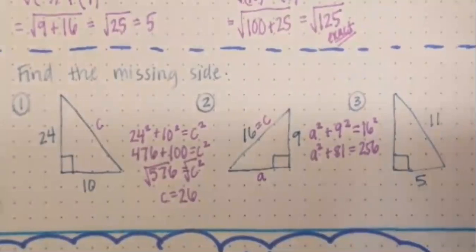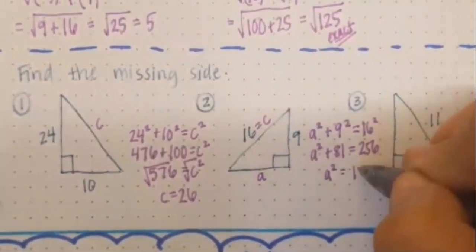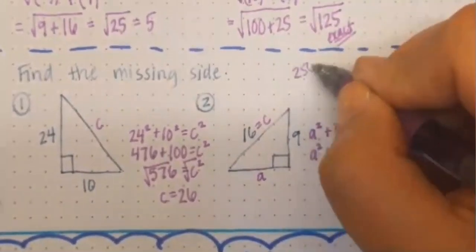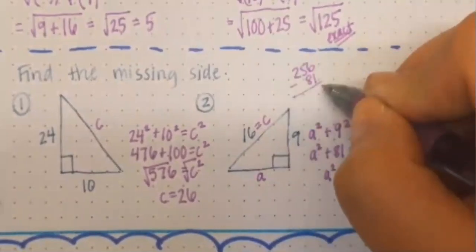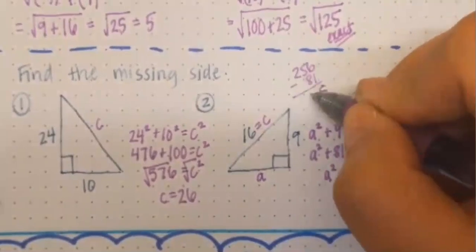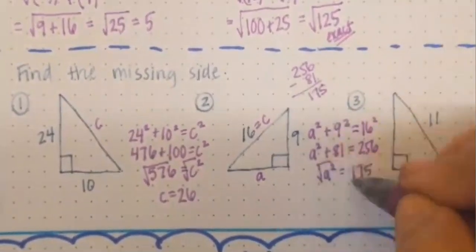Double check. 175. Might be thinking too hard about it. 256 minus 81, got 5, and then 25 minus 8 is 17. All right, so we got the square root of 175.